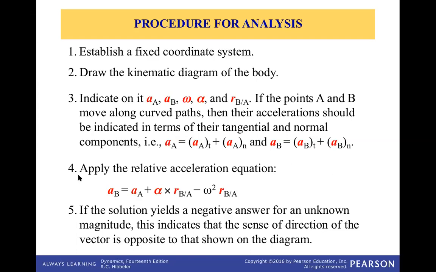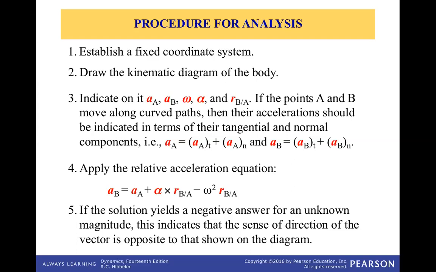A sub B is equal to A sub A plus alpha cross R B A minus omega square R. These are vector equations. You probably realized in a couple of sections ago, when we talked about relative motion analysis for velocity, that the usefulness of the vector equation is you can set it up so that the I component on the left-hand side will be equal to the I component on the right-hand side, and the J component on the left-hand side should be equal to the J component on the right.